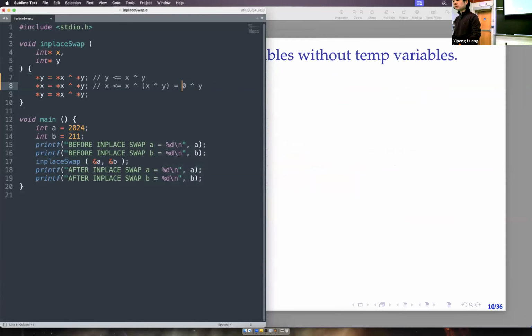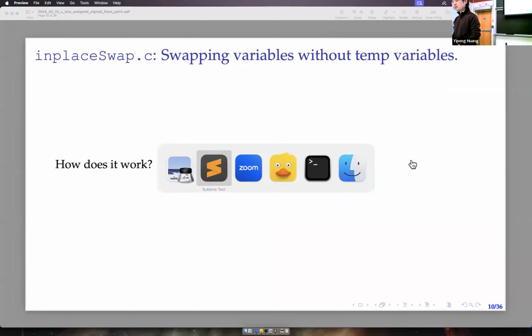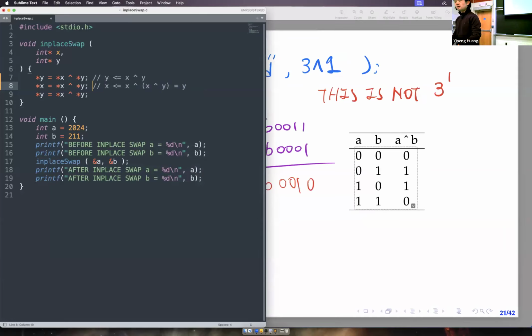And then what happens when you 0 XOR something? So back to the slides. Suppose you have 0 XOR B, well, the result always just follows B. So it just simplifies that again to Y. So successfully already, Y is stored in X. And then what's the next step?